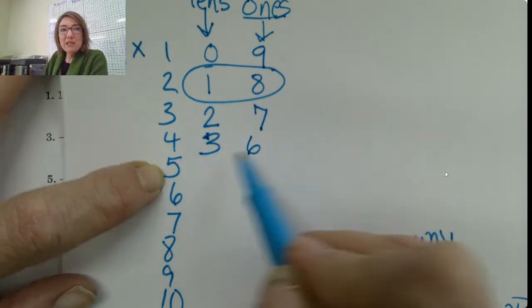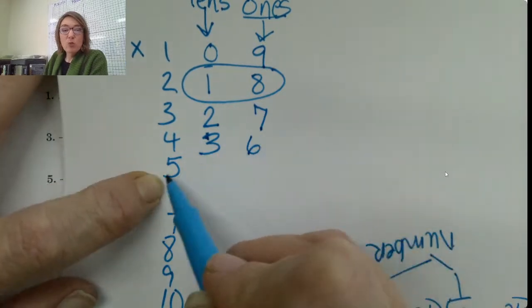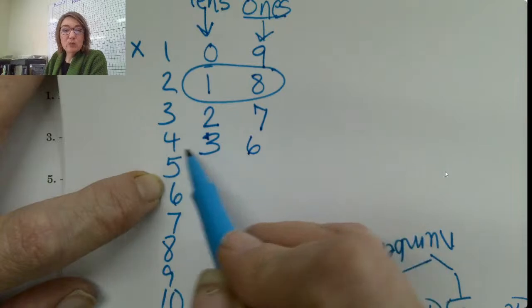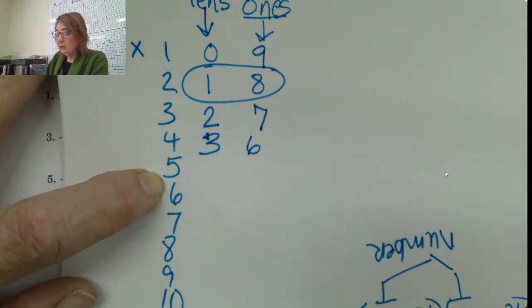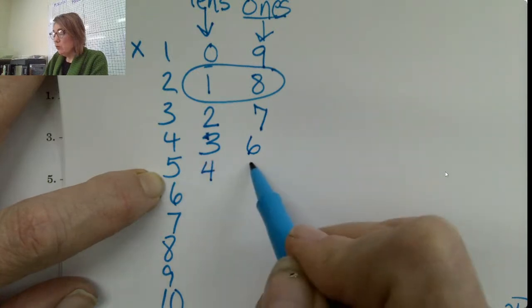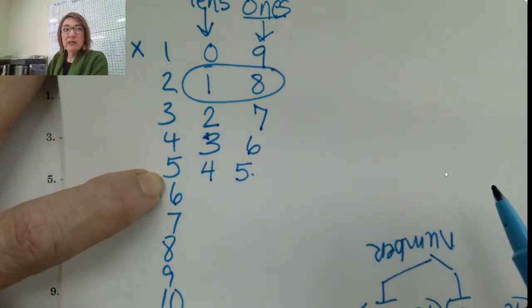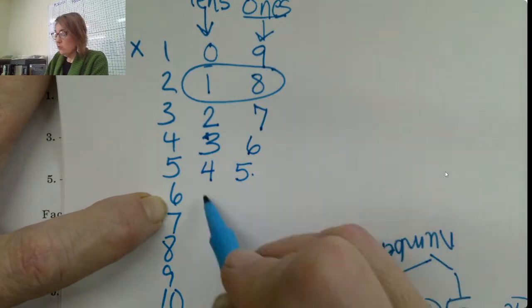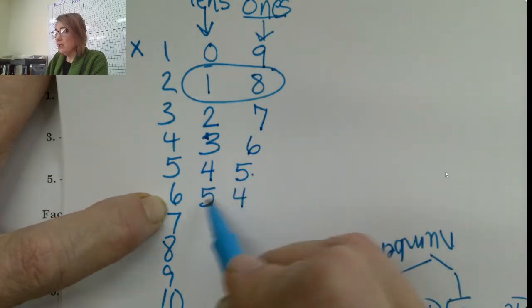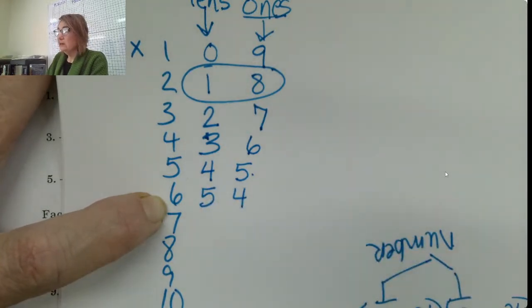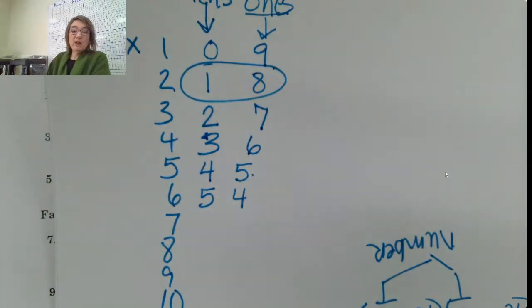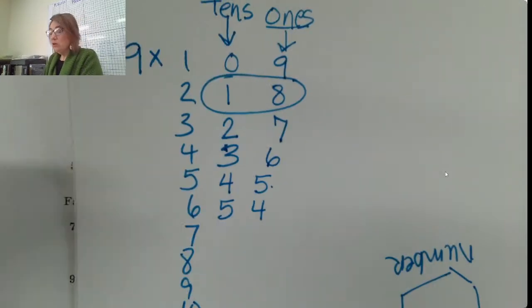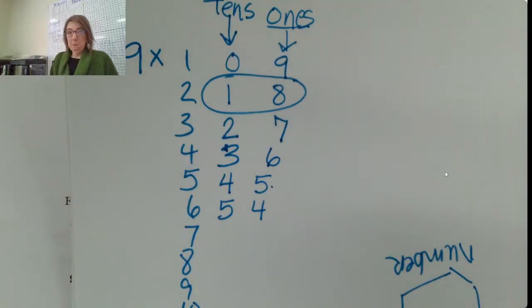See how these always add up to 9? And it's 1 digit less. Your tens is 1 digit less than what you're multiplying by. So 5 minus 1, 4. And then this would be 5 because 4 plus 5 is 9. 6 minus 1 is 5. And then this would be 4 because 5 plus 4 is 9. Do y'all see how that works? I do the finger thing though. But this also works too. Okay, and you can do this mentally.